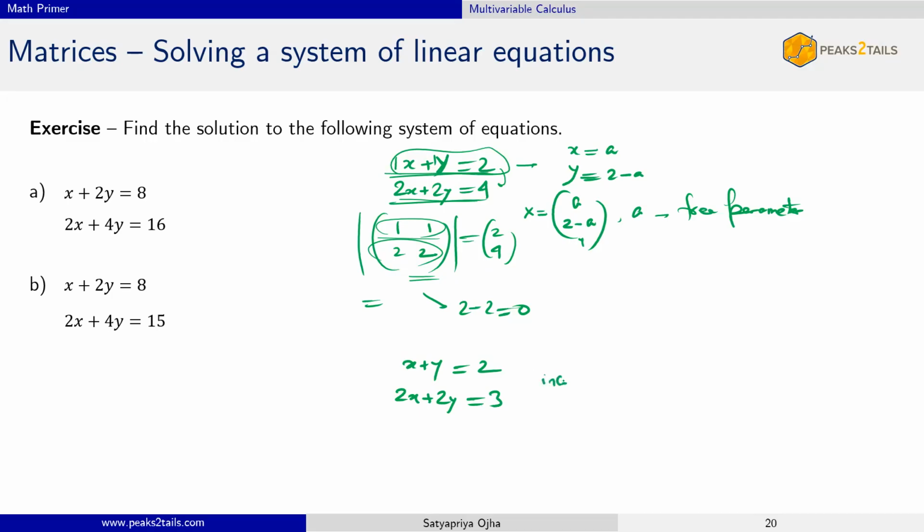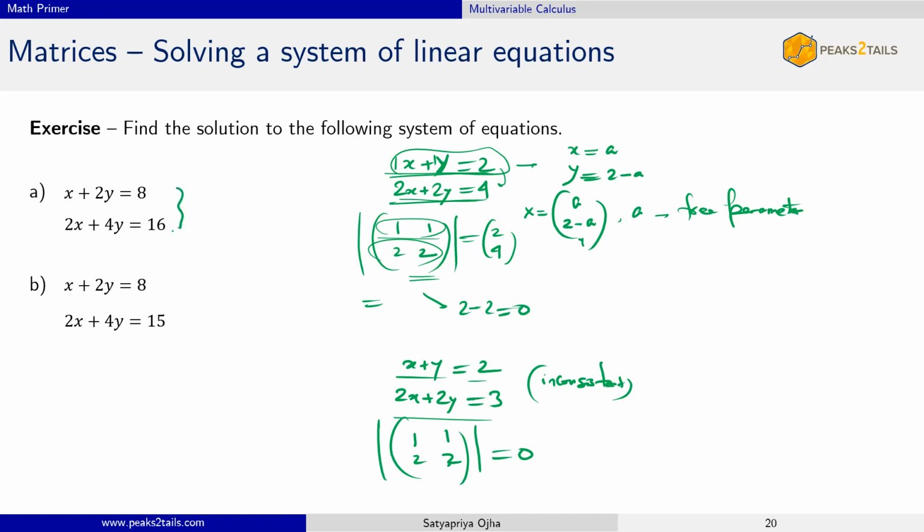Inconsistent, exactly. You can clearly see these are violating each other, right? Yeah, there will be no solutions. And the determinant is still 0. 1, 1, 2, 2 is the other case, okay? Determinant is still 0, but the system is inconsistent.